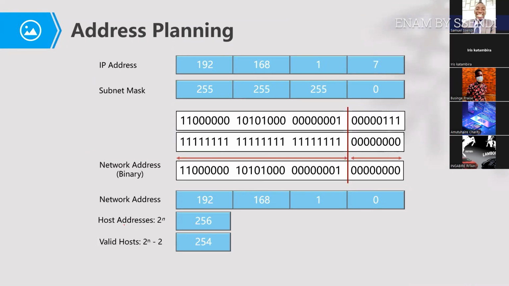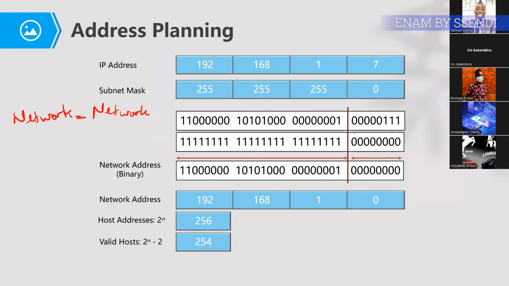So for us to determine the number of host addresses, guys, please pay attention. For us to determine, let's start even with the network, the number of network addresses, are you with me? We use the network bits to determine the number of network addresses that can be available when you're subnetting.